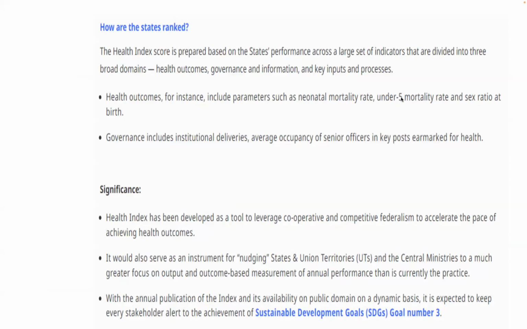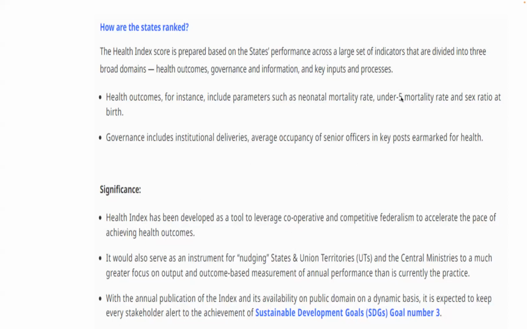We frame a plan that these will be our indicators, and under the broad domains of the topics, those indicators will be. What are those broad domains? The domains will be health outcome, what is the governance and information model in the state, and what is the key input and the process. So these three will be taking part.